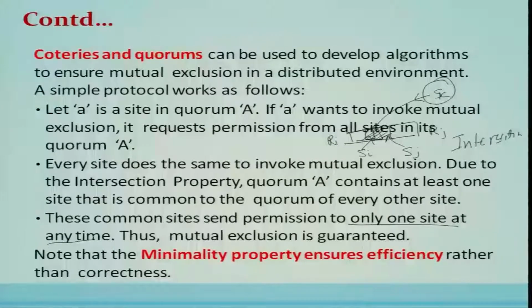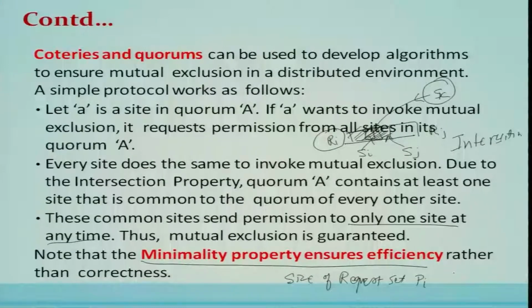Now, another property, which is called the minimality property, ensures the efficiency rather than the correctness. For example, the size of the request set of a particular process i, that is called Ri, basically ensures the minimality property, and the size is small, so that with a minimum number of messages this particular mutual exclusion is ensured.